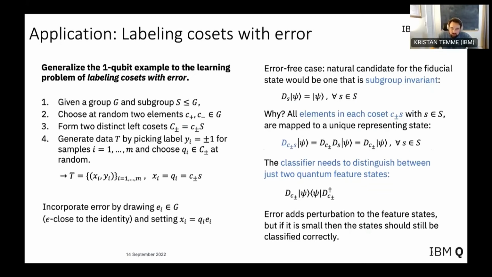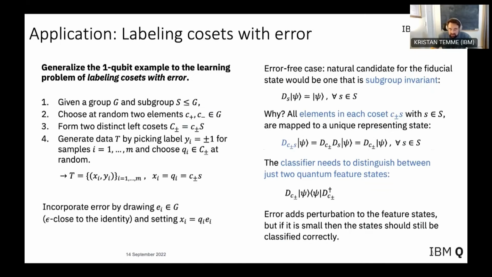What we believe turns out to be a pretty good candidate for a fiducial state is a state that happens to be invariant under the group action of the subgroup, but obviously not under the group action of the whole group, right?